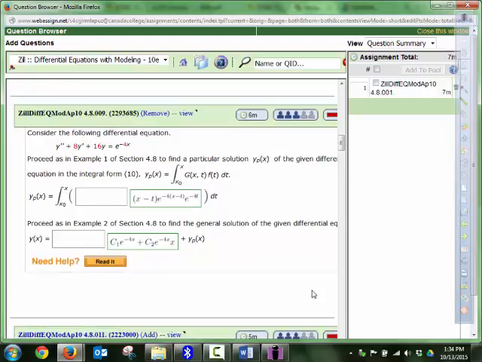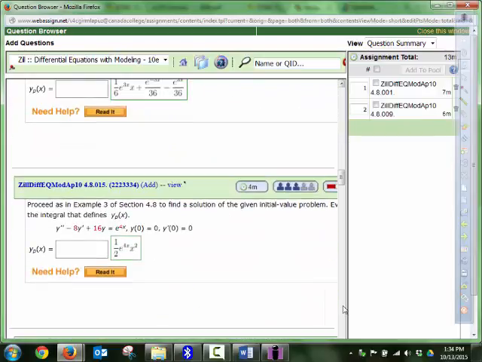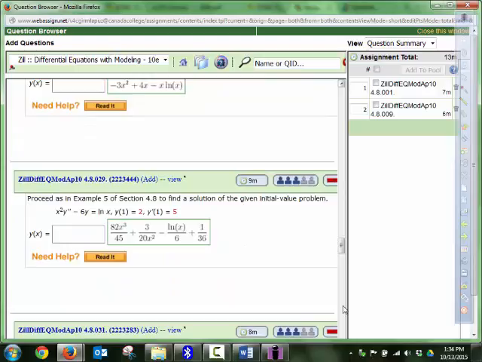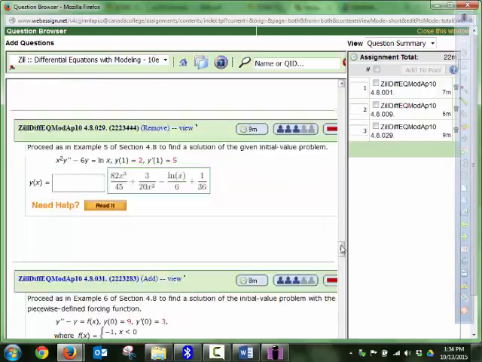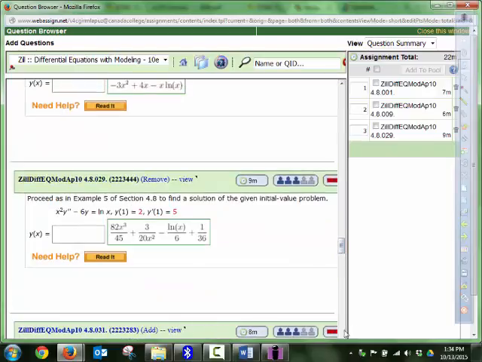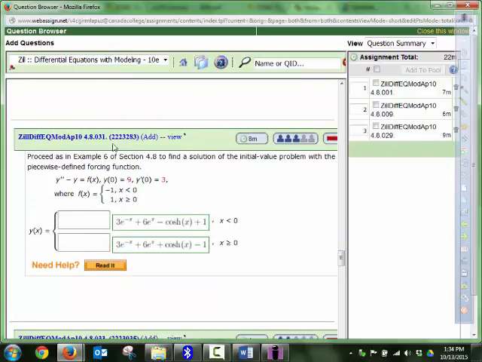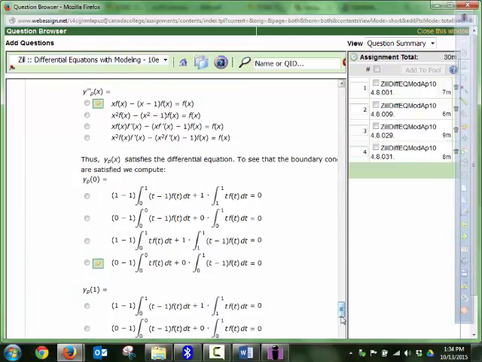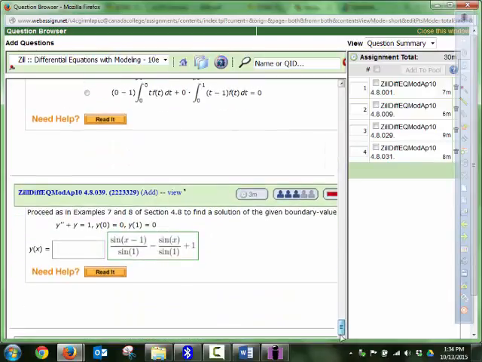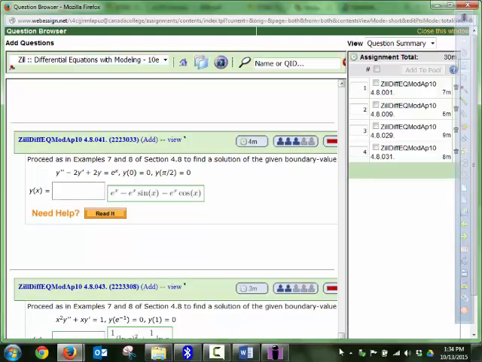Add this one. Add this one. Oh, they look like some hard ones here. Wow, look at this one. They're all hard.